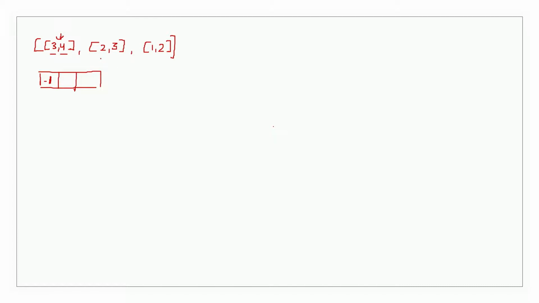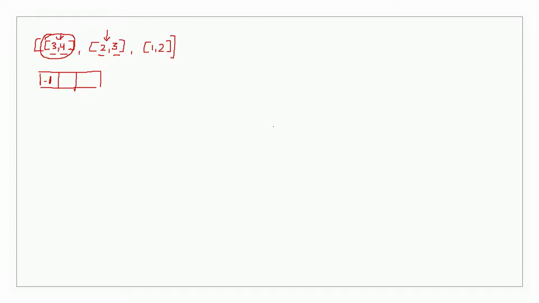Now for the second interval, my start value is 2 and my end value is 3. I need to find an interval whose start value is greater than or equal to 3. For this particular interval, my start value is equal to its end value, and this interval is of no use.